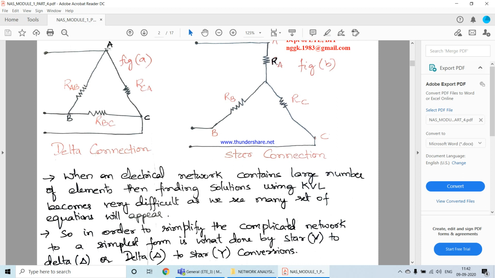When I found the equivalent resistance across A and B, I got RAB parallel with these two in series. Similarly, across B and C, RBC parallel with these two in series. Across CA, RCA parallel with RAB and RBC in series. Therefore, across B and C in the star network, RA will be neglected, and RB plus RC is the equivalent resistance. Similarly, across CA, RA plus RC is the equivalent resistance, where RB will be neglected.